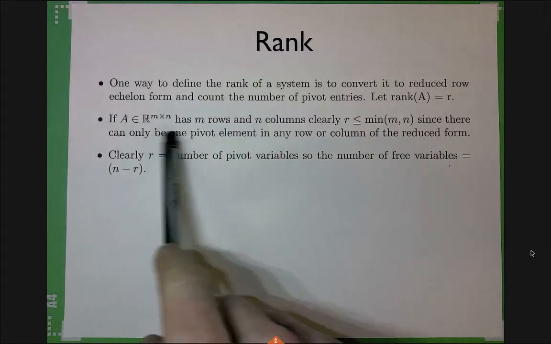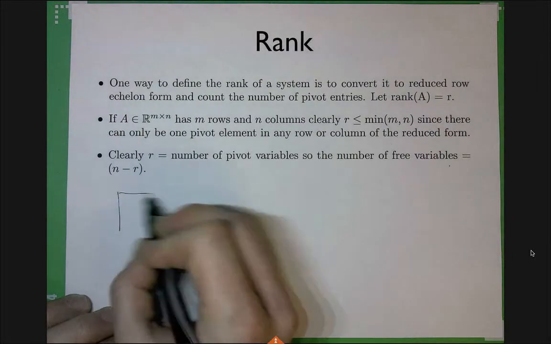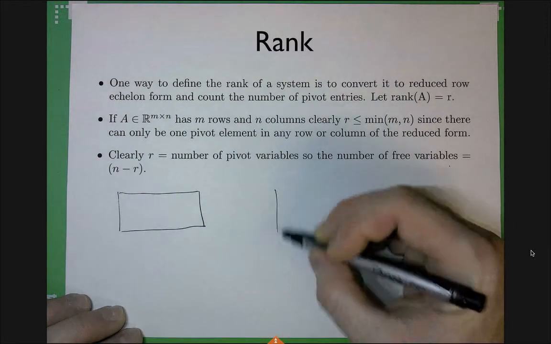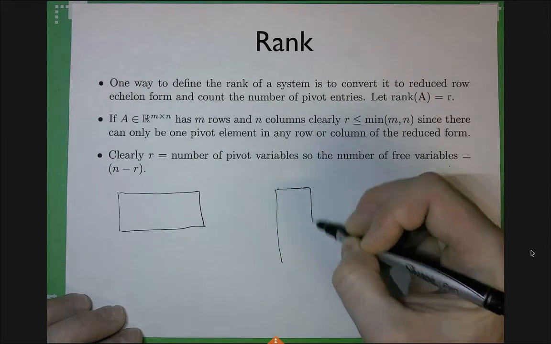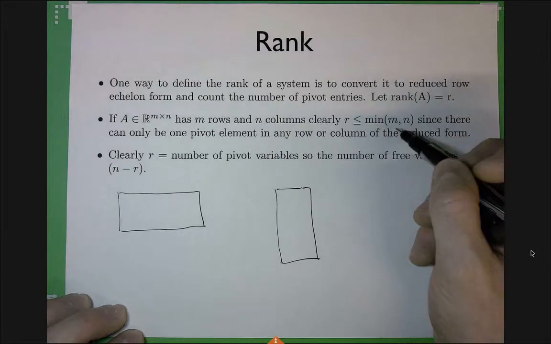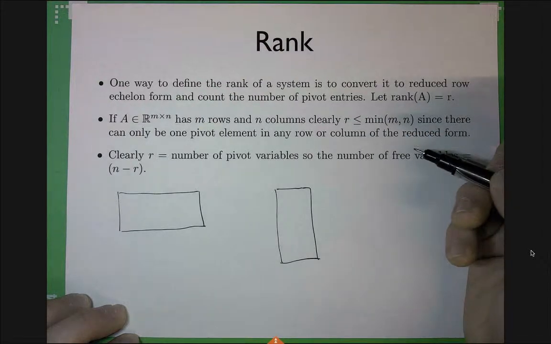Now one thing you can notice is that regardless of the shape of the matrix, be it this case, where we have more columns than rows, or this shape, the rank has to be less than or equal to the smaller of the number of rows or the number of columns, right?